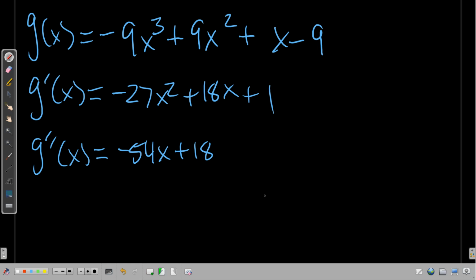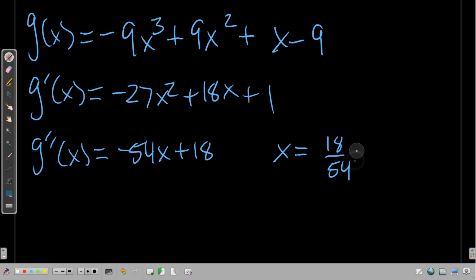Now that second derivative is a line, and the potential candidate for a point of inflection would be the point 18 over 54. And I can see that because if I put it right there, the 54s would cancel and it would say minus 18 plus 18.